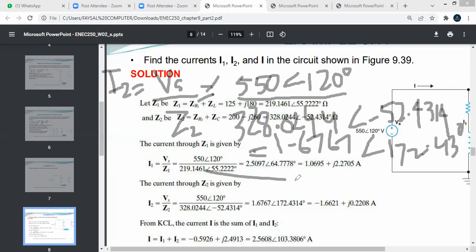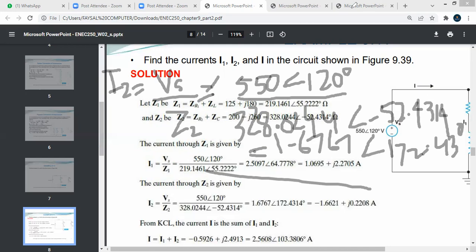So this is the value of I1 and I2. As this is written in angular form, we have to convert it into a real part and a j part.